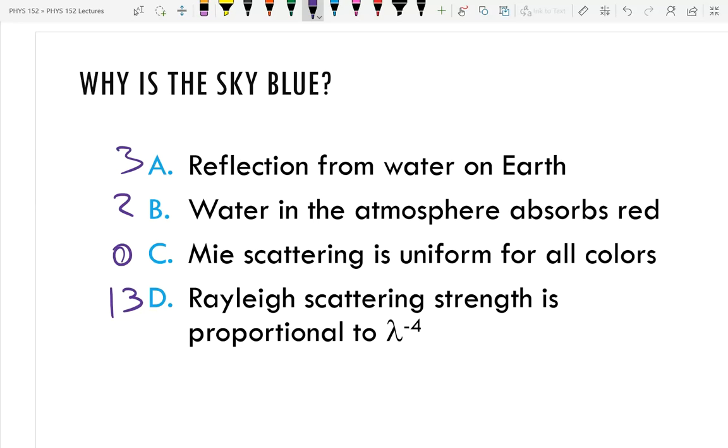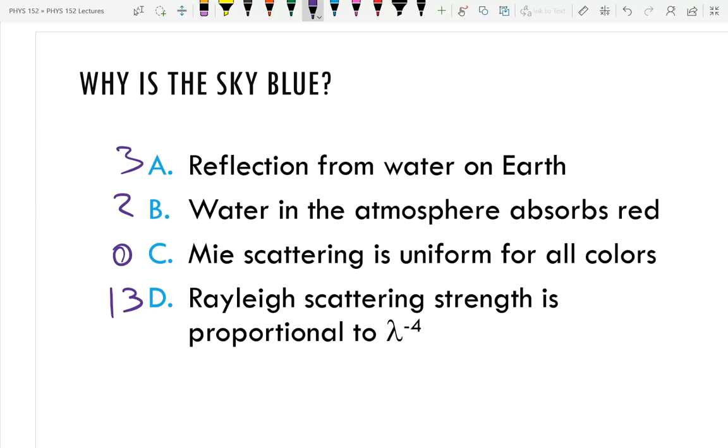The sky is blue because of Rayleigh scattering, which is light scattering off of little scattering centers, molecules of oxygen and nitrogen in the air, that are smaller than the wavelength of light. The strength of the scattering, that is the percentage of light that's scattered, is proportional to 1 over the wavelength raised to the 4th power, which means that short wavelengths are scattered most. Blue, well, violet, blue, is our shortest visible wavelength, about 400 nanometers.